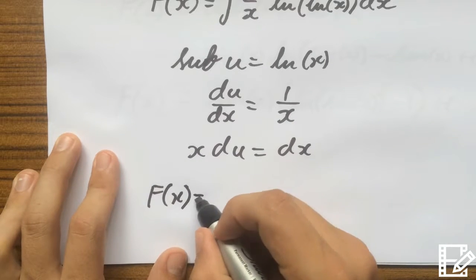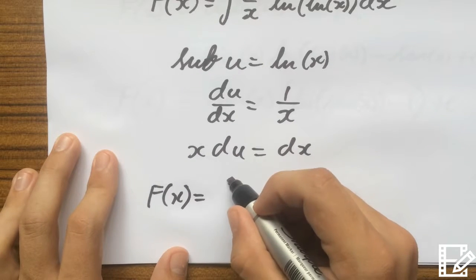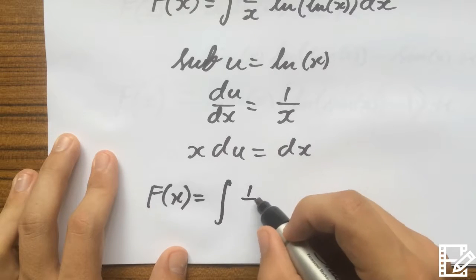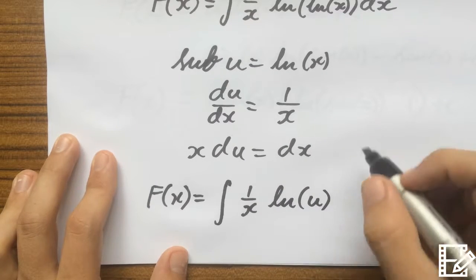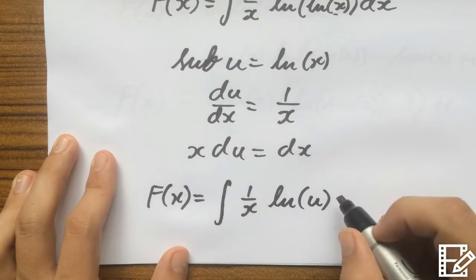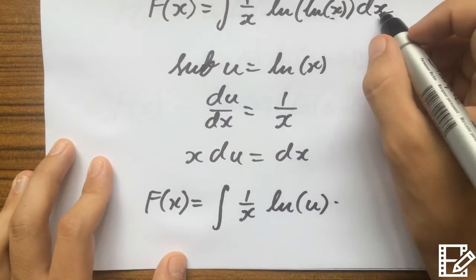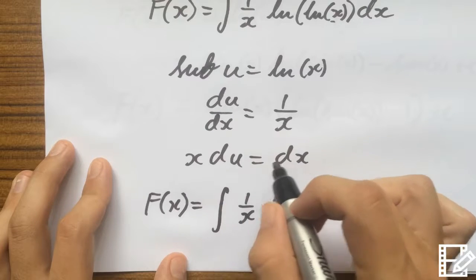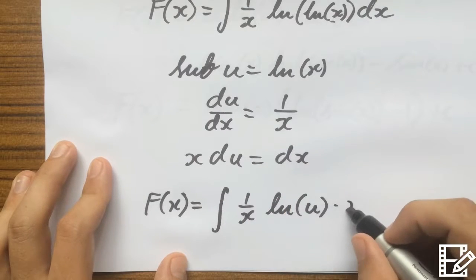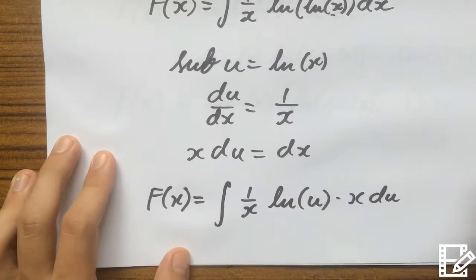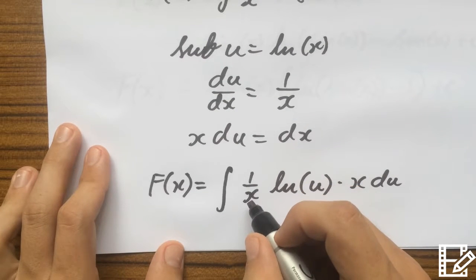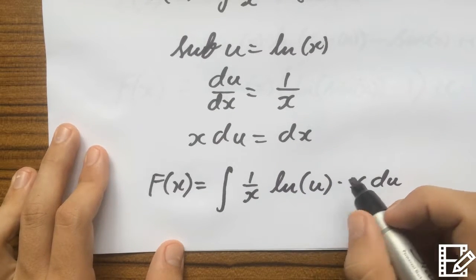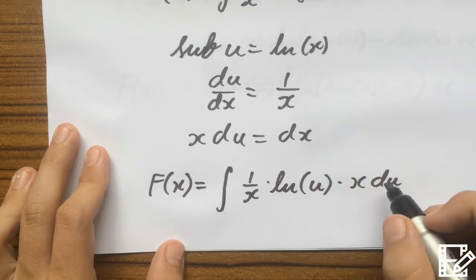So we have our integral, integrand 1 over x ln of u, because we replace ln of x for u, and now we're replacing dx with x du because it equals dx. You see where this is going? We have a 1 over x, and then we have an x, and they're multiplied because they're all multiplied together.